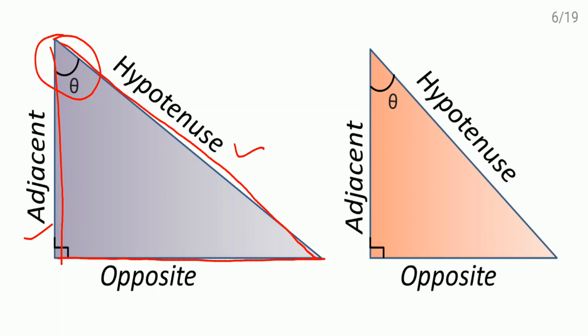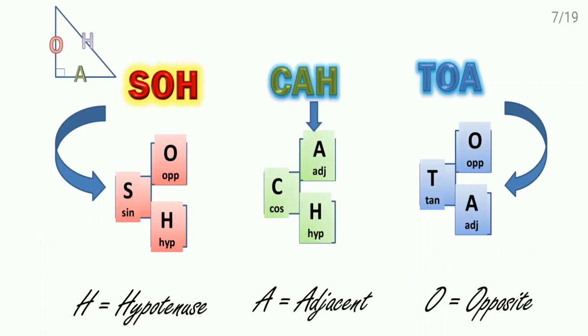The hypotenuse is adjacent to theta, but as it is the longest side in the triangle, that's the reason we call it the hypotenuse. We have given a special name for the longest side. Same for the second figure. Once you are clear with the opposite side and adjacent side, then it's very easy for us to remember the ratios.